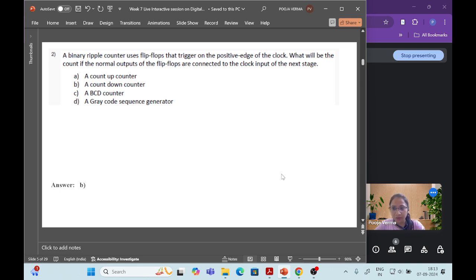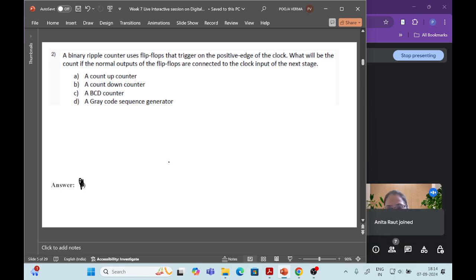Option A is a count up counter, option B is a count down counter, option C is a BCD counter, option D is a gray code sequence generator.